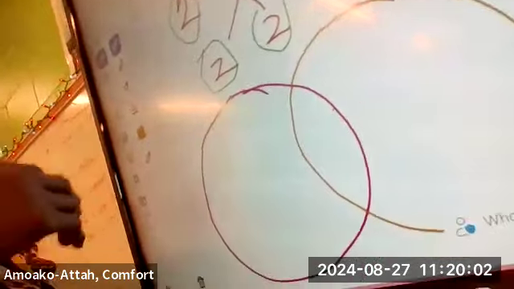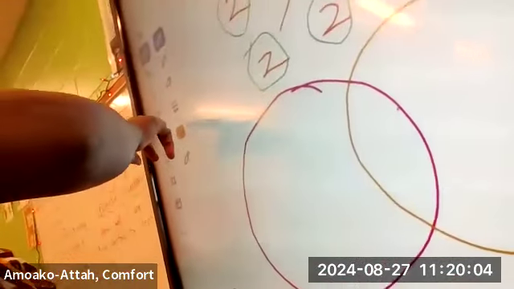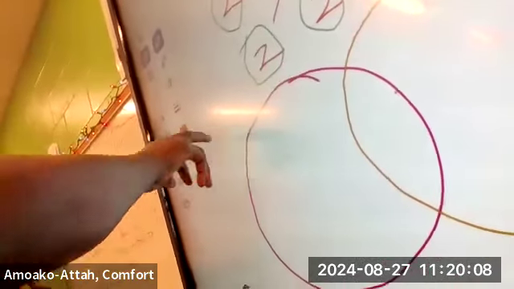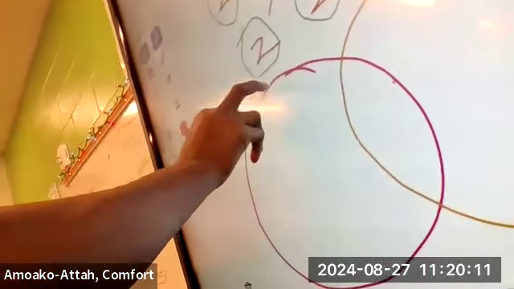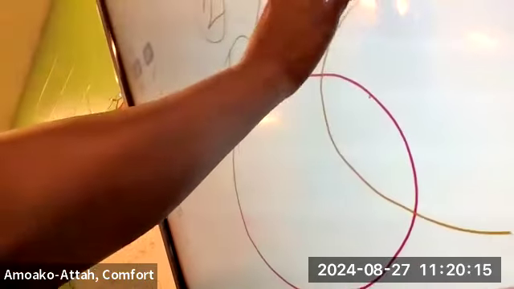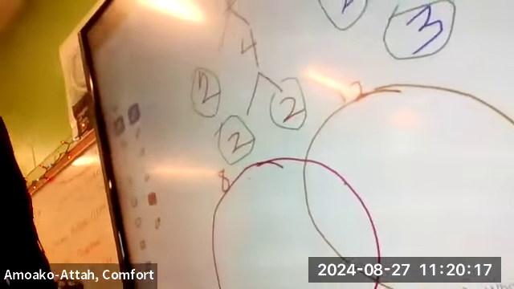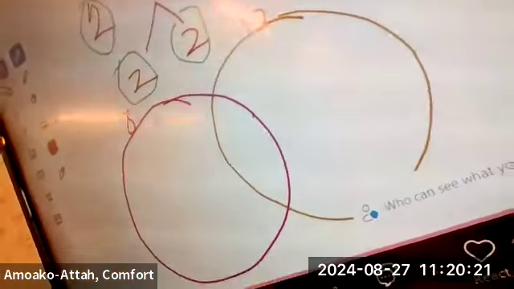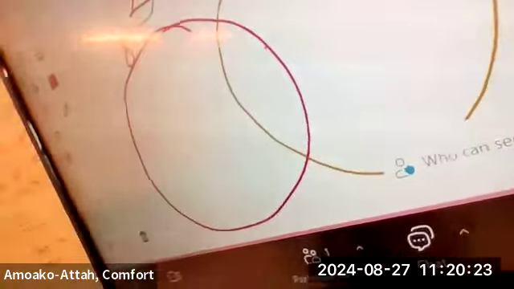And I label my circles. The first circle will be for factors of 8, and the second circle will be for 12. Can you guys see? If I don't label the circles, I wouldn't be able to know which of the numbers goes to which circle.